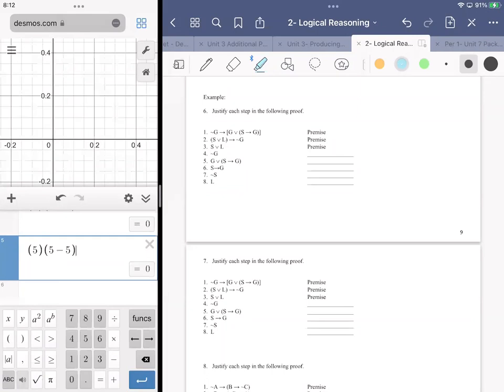Right? So it's not as bad as it seems, at least hopefully. That's the plan.